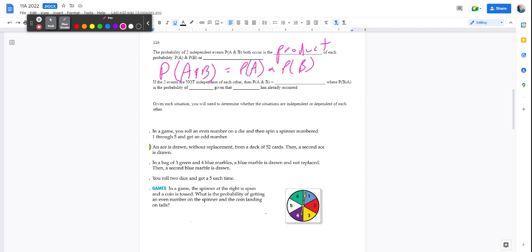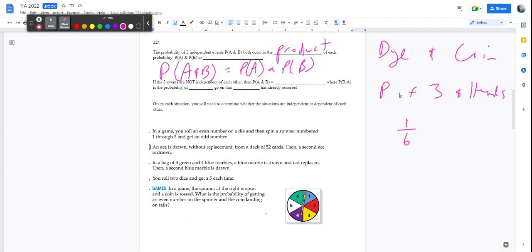Let's say we have a die and a coin, and we want the probability of getting a 3 on the die and flipping heads on the coin. Totally independent. A die has 6 possible outcomes: 1, 2, 3, 4, 5, 6.